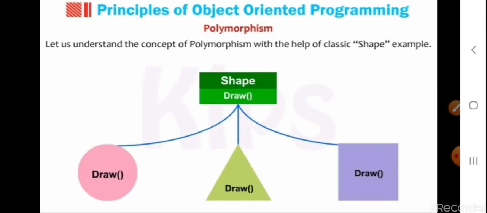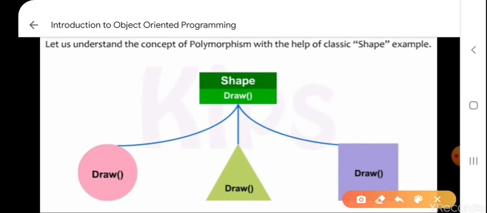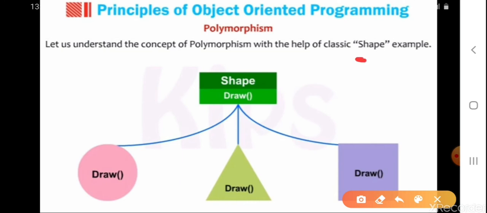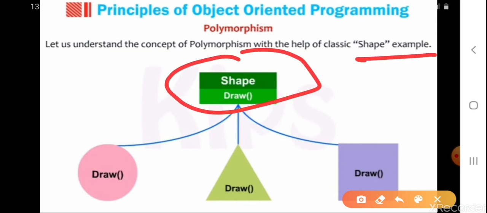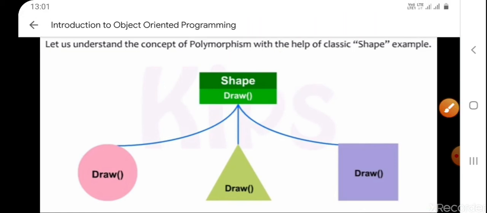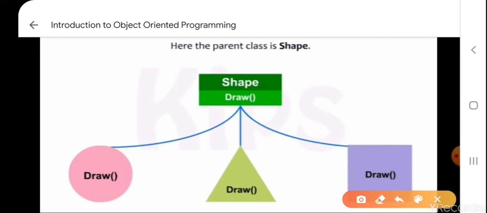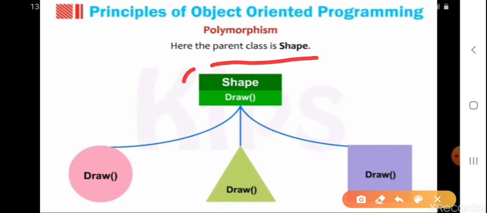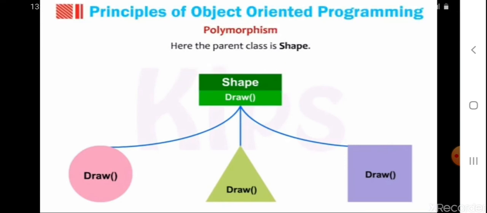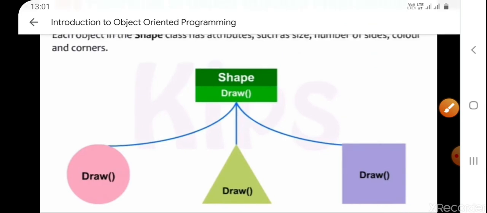Let us understand with an example. For example, if we talk about shape, if there is a class shape, let's talk about this example. Now see here, there is a parent class which is called shape.